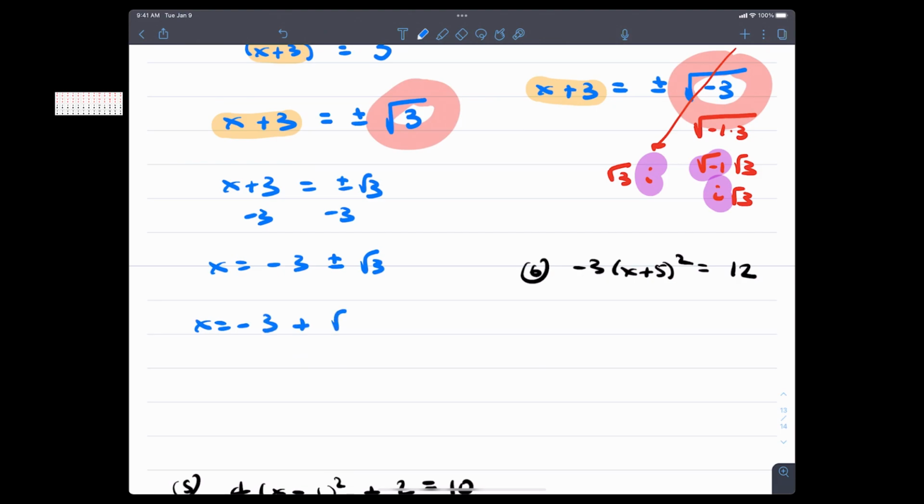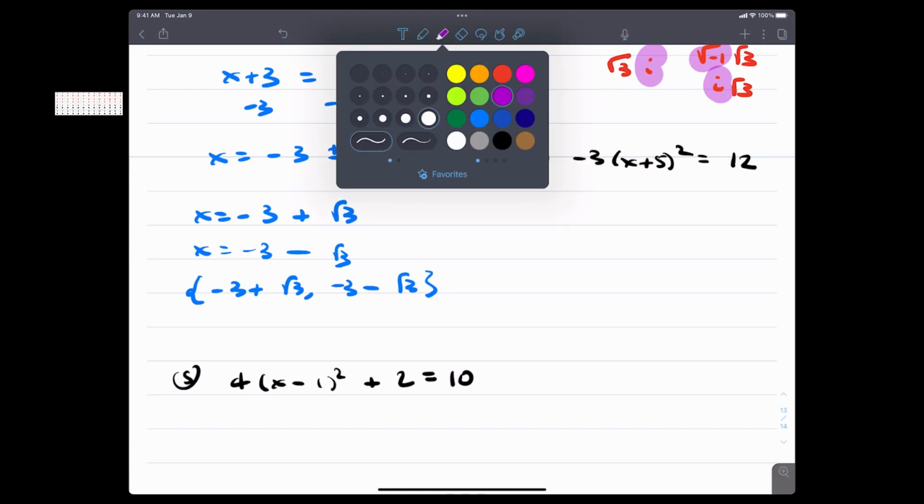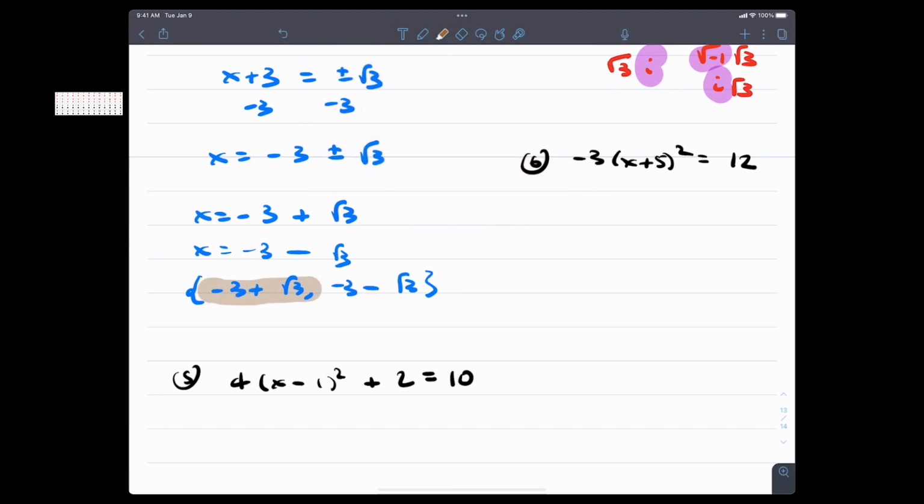Negative 3 plus the square root of 3. It means negative 3 minus the square root of 3. So it has two answers. Negative 3 plus square root of 3. Negative 3 minus what? Square root of 3. And you're done. There's two solutions here. All right, you guys okay with that one? And there you go.